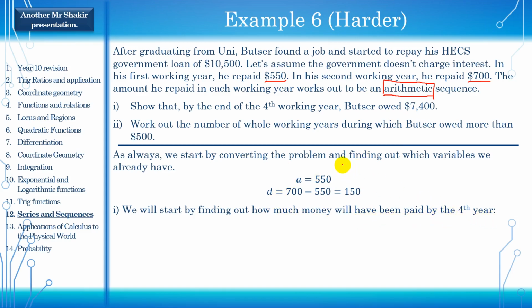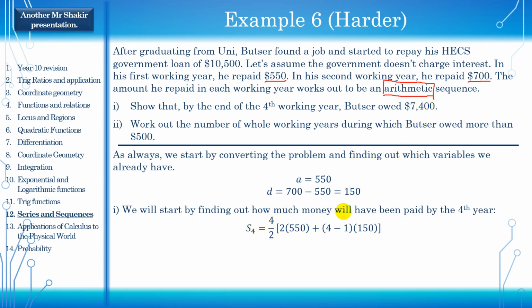So sum of all the money that he's paid. In the first year he repaid 550. In the second year he paid 700, so it'll be 550 plus 700. And then third year will be 150 more than 700, 850. So we can use the sum formula if you want. We can just figure out the first 4 terms.